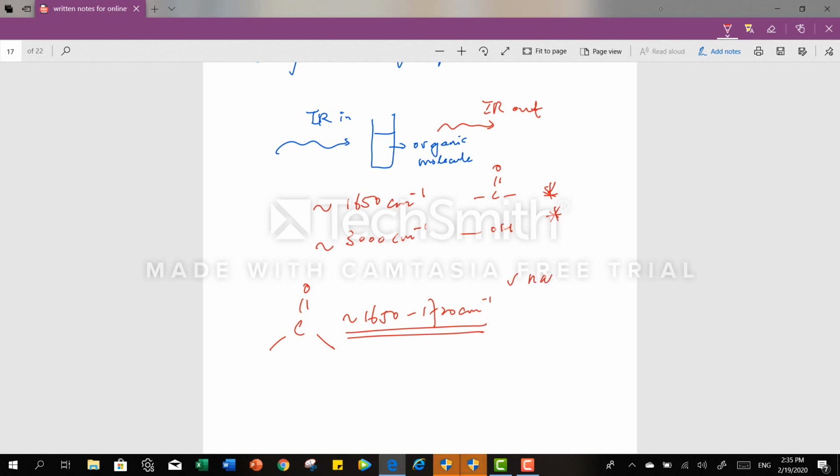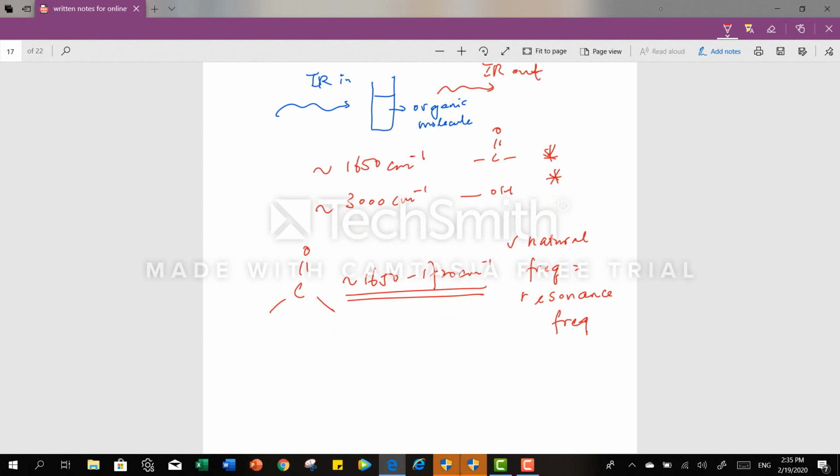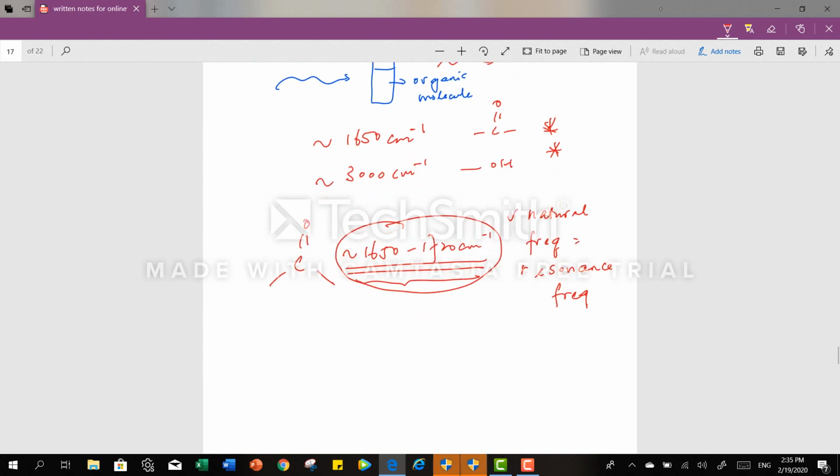Because this is what we call the natural frequency for this bond, or you can call it resonance frequency. Resonance frequency, okay? After absorbing this part of the frequency, this bond will undergo vibration in three ways.